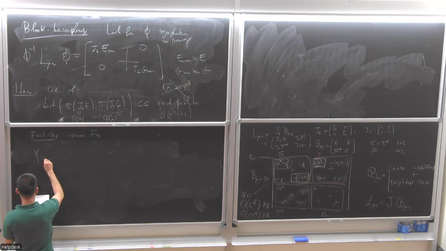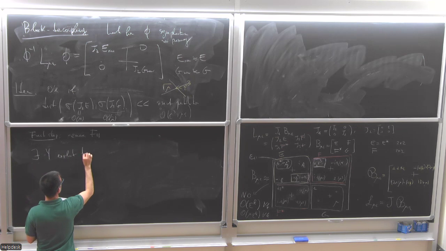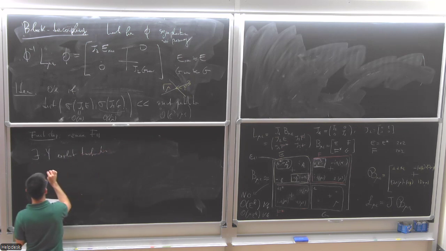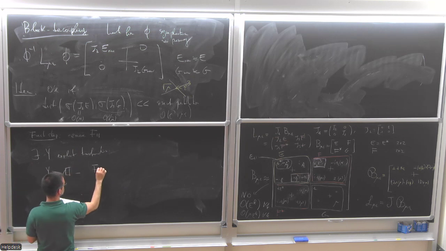So I write it down. There exists Y, an explicit transformation, which does the job. Actually, I can write it explicitly: identity minus F11 divided by G11.